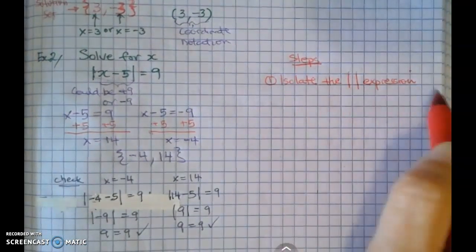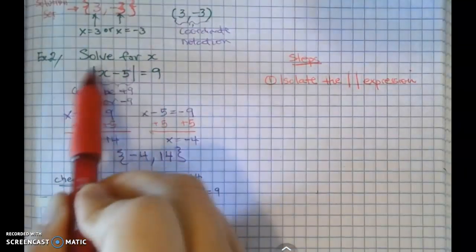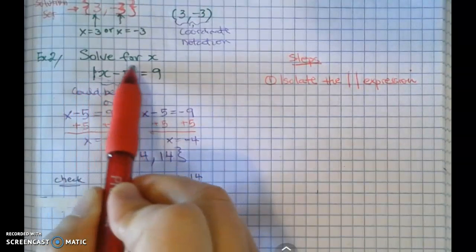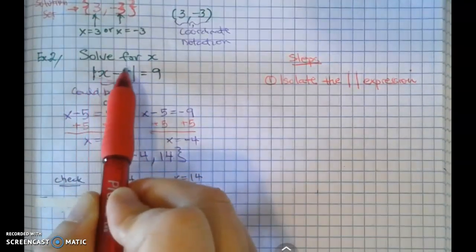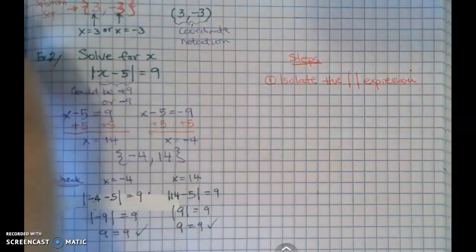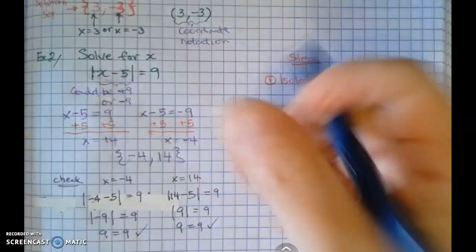This step probably won't mean that much to you yet, because in this problem the absolute value function was already isolated. What does isolate mean?